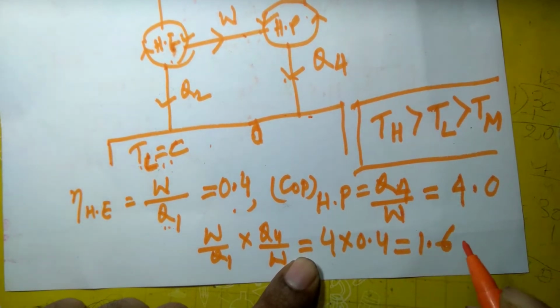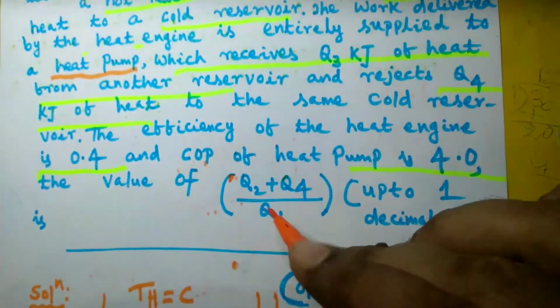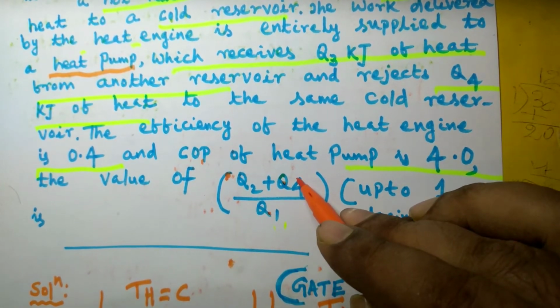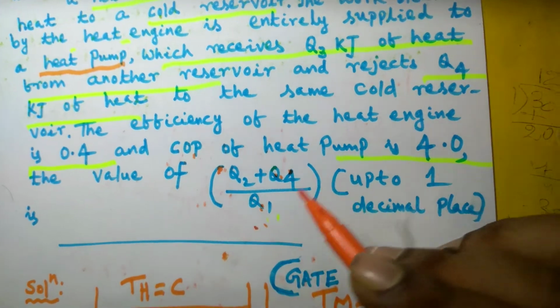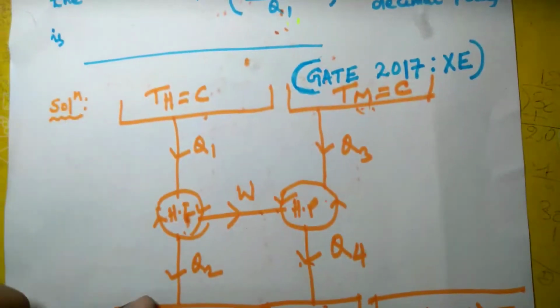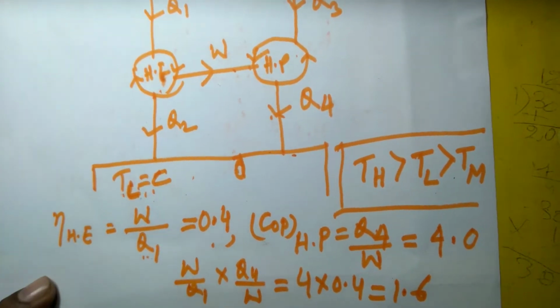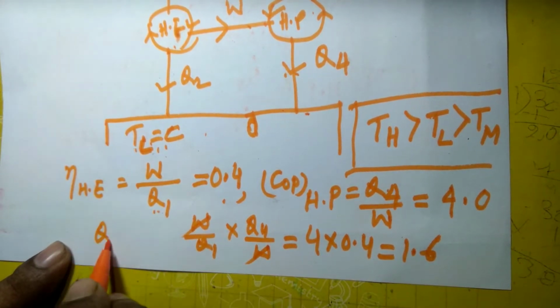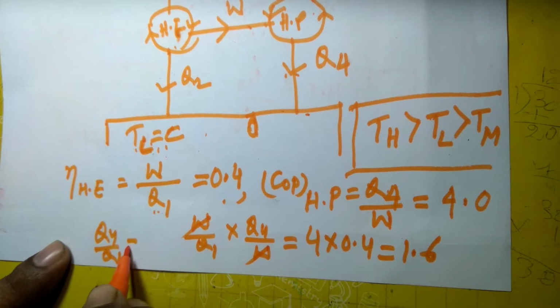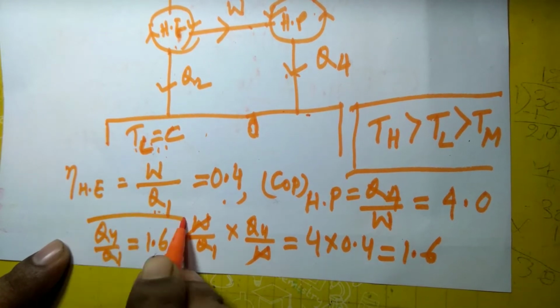On multiplying, W by Q1 multiplied by Q4 by W is equal to 4 into 0.4, that is 1.6. But we have to calculate (Q2 plus Q4) divided by Q1. Q4 by Q1 we have just found out. On multiplying, W cancels out, so Q4 by Q1 has come out to be 1.6.